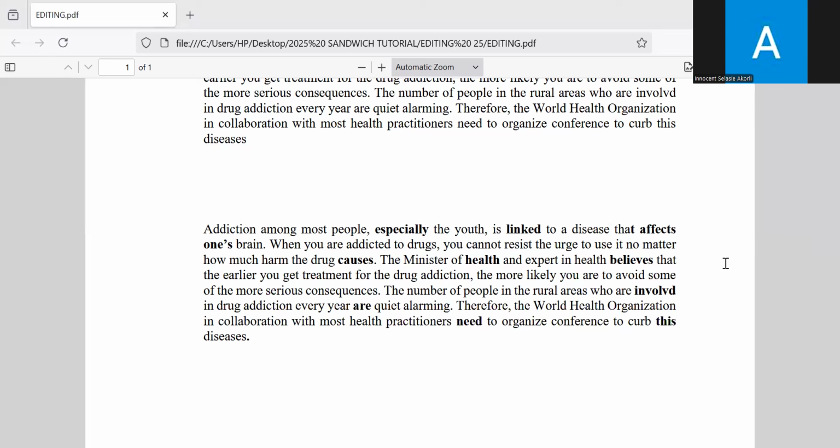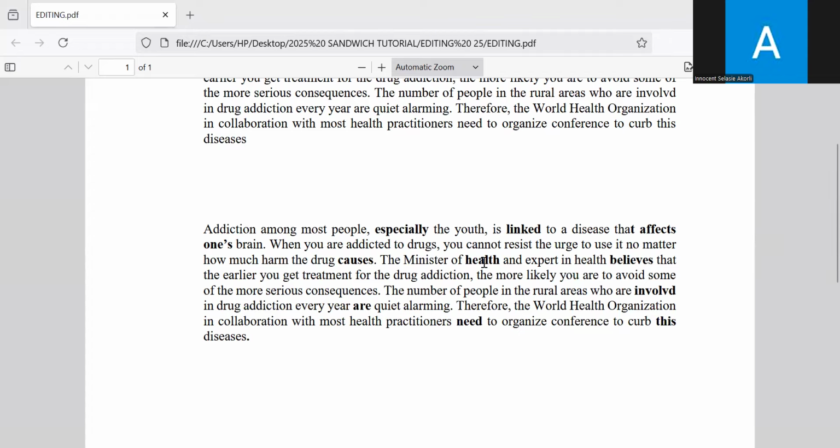Addiction among most people, especially the youth, is linked to a disease that affects one's brain. When you are addicted to drugs, you cannot resist the urge to use it no matter how much harm the drug causes.